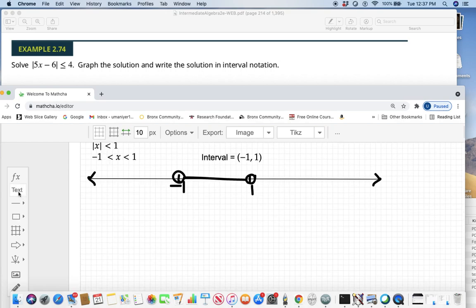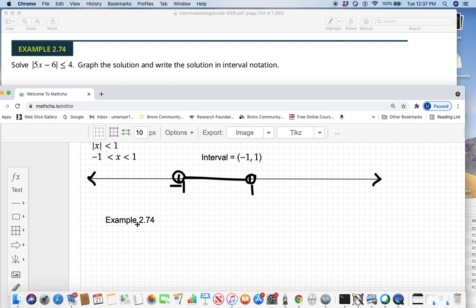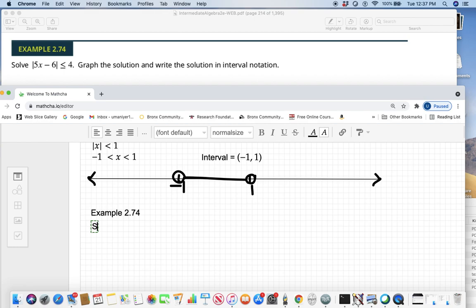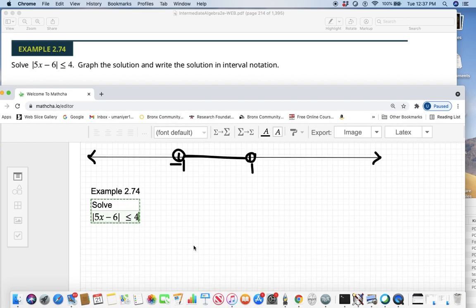Exercise, right? So let's try example 2.7. The question is to solve the absolute value of 5x minus 6 is less than or equal to 4.